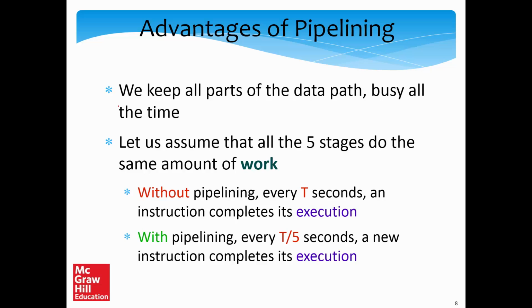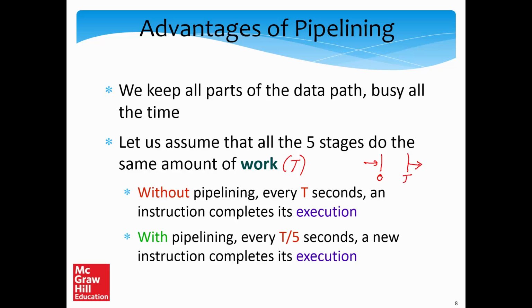Without pipelining, let's assume that the work takes T seconds. So if an instruction enters the processor at t equal to 0, after T seconds the instruction will get out.